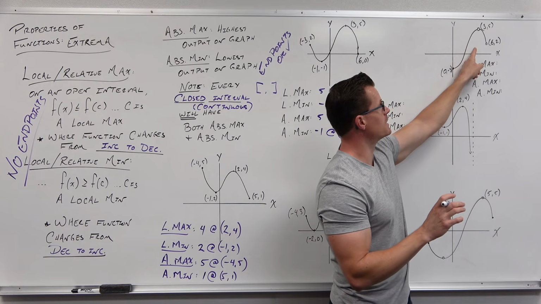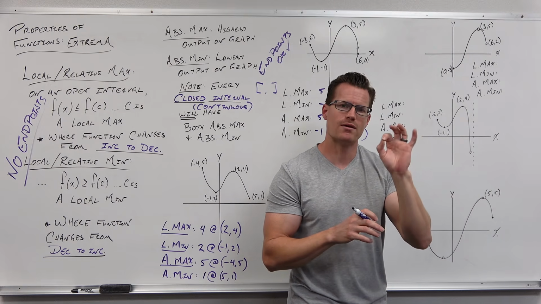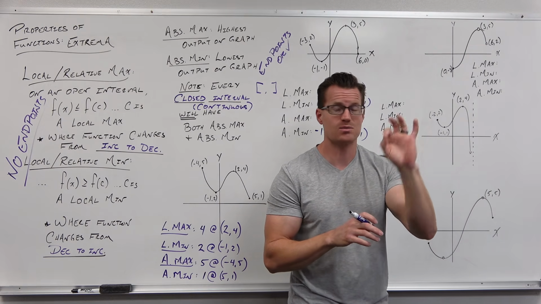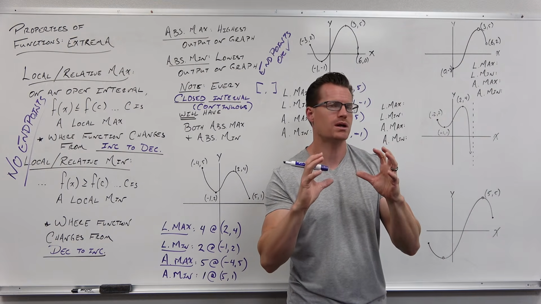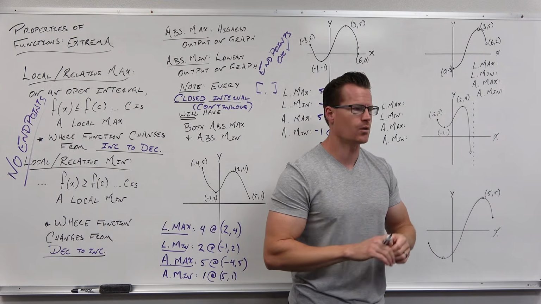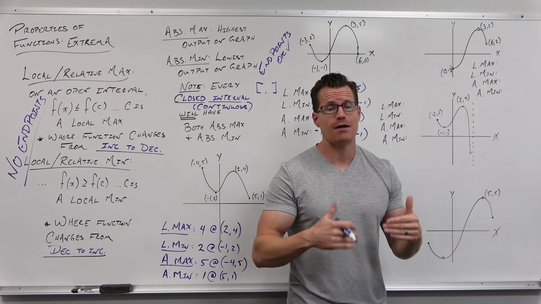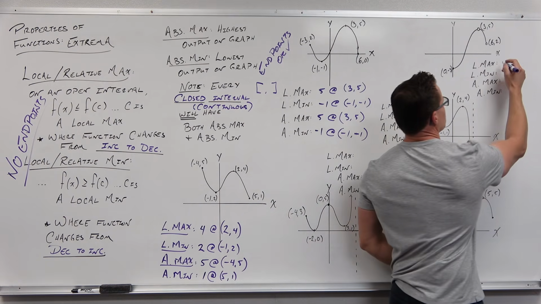Everything up to the 3 is increasing. Everything after the 3 on the x-axis is decreasing. Where that value changes, it has been removed. Therefore, we don't have an actual point on an open interval that's higher than anything else. We don't have the highest point, and so we do not have a local max here. We would, but we took it away. So there's none.